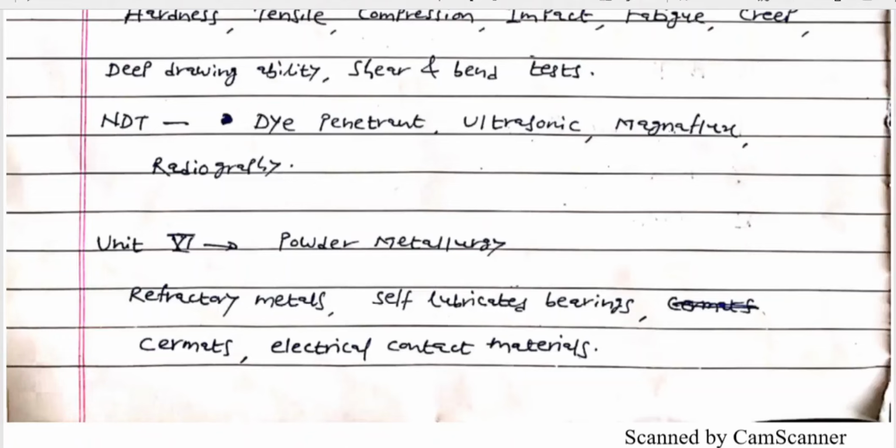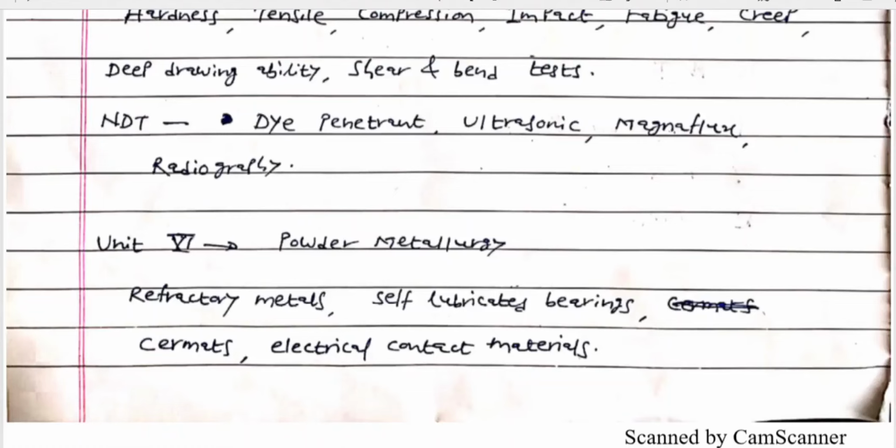Other applications are self-lubricated bearings. It has a special characteristic, as its name indicates. No external lubrication is required for such a bearing. Automatically, the lubrication will be taking place.